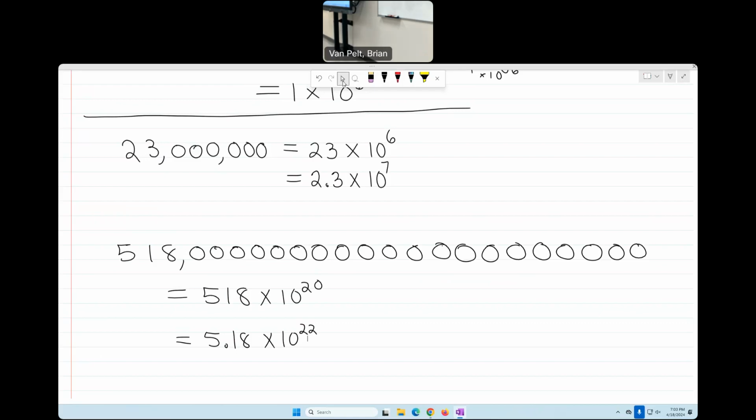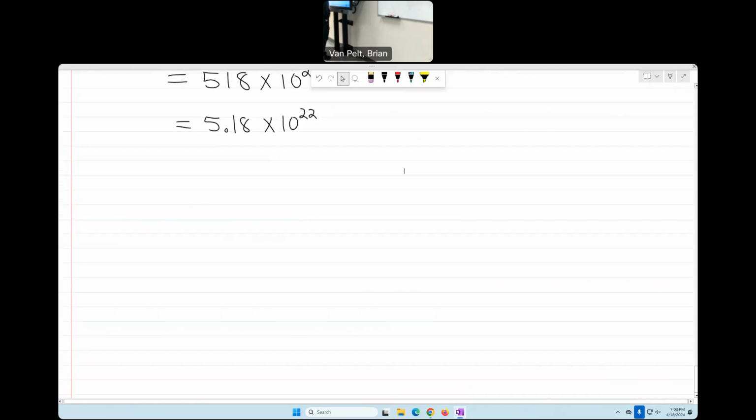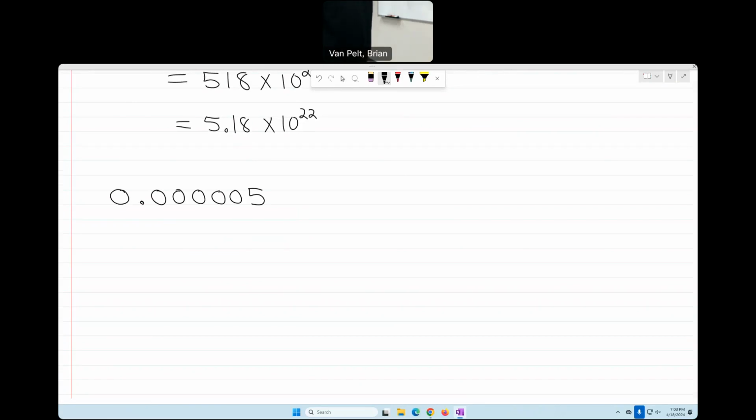So I'm going to give you another one to write in your calculator. Let's go the other direction. Watch what happens when we do this. I'm going to do 0.1, 2, 3, 4, 5, and let's put a 5 at the end: 5 zeros and a 5.